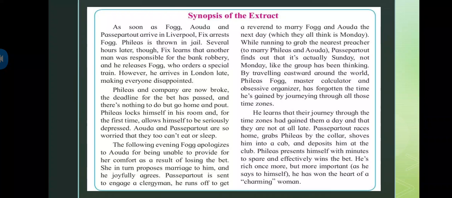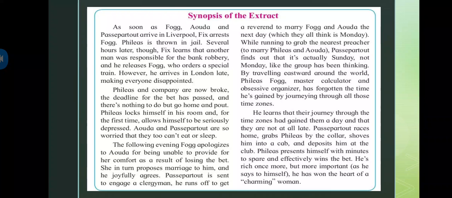So basically, he went to find the nearest preacher by whose help Oda and Fogg would get married, and then he realized that it's not Monday actually. They were thinking that it is Monday, but it was Sunday.